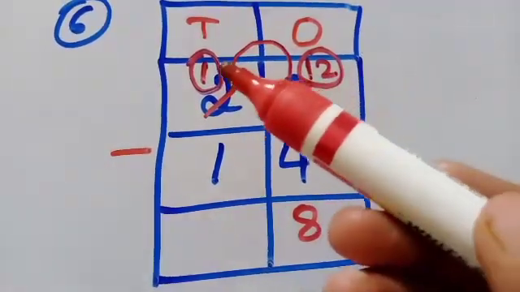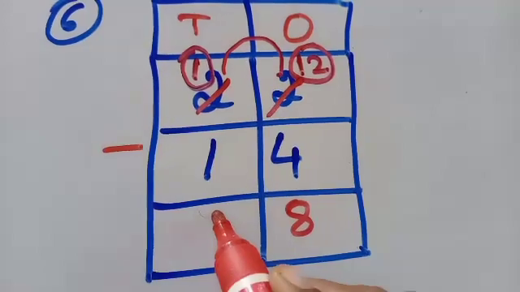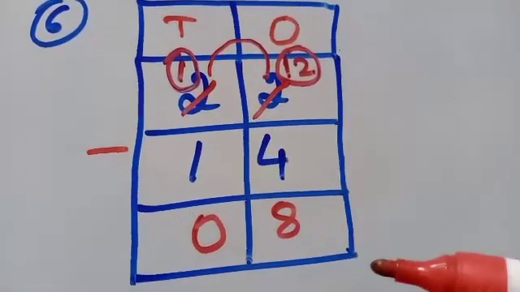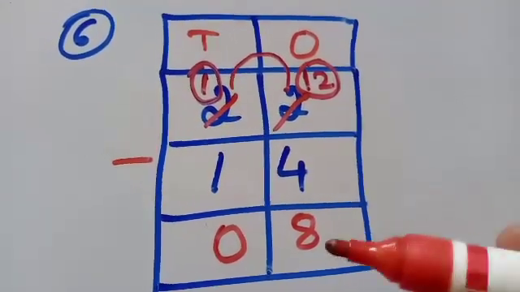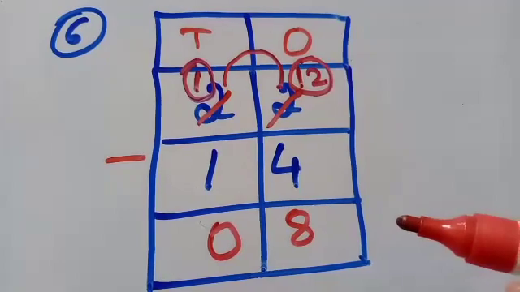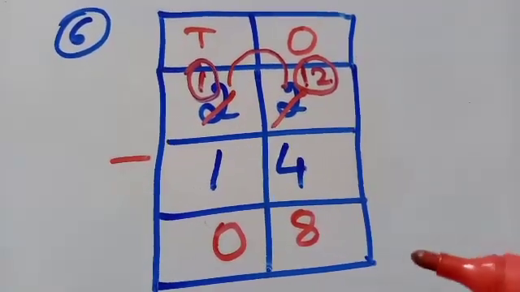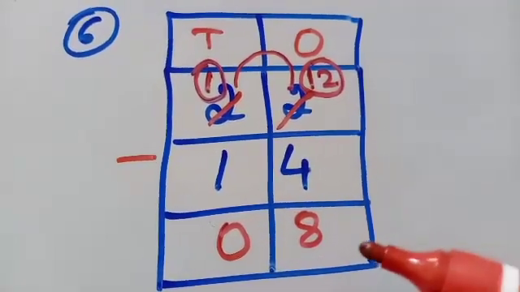Next here, 1 minus 1 is equal to 0. So the total answer is 8. So how many balls are left in box A, children? 8 balls. Okay, in box A, there are now a total of 8 balls.